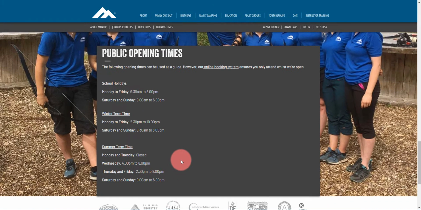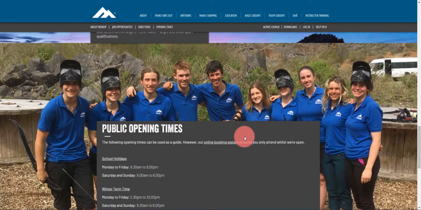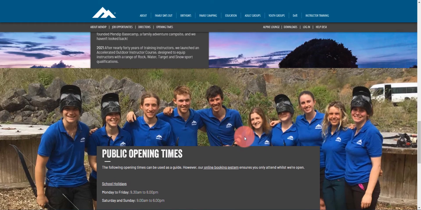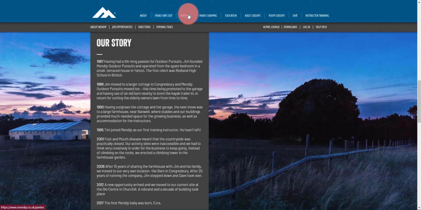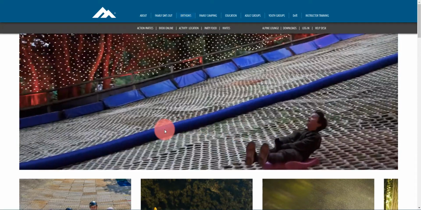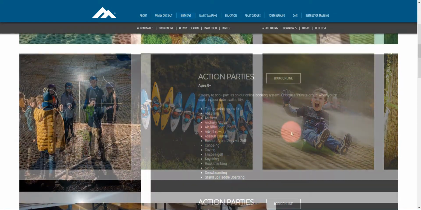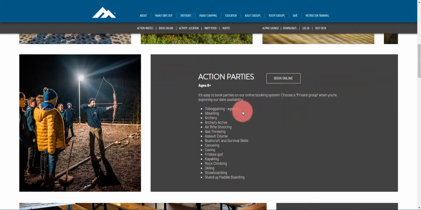The last question asks us what demographics, what's its target market, what customer groups is it targeting for its business. And I think this one is a general website search. So we can see from the images, we can see from Family Days Out, it does birthdays if we go on there. Look there, and you can see younger children. So you can see they have parties from 6+.